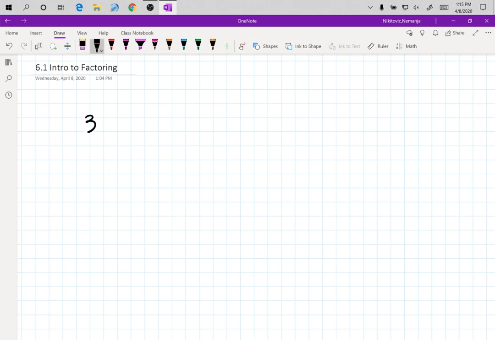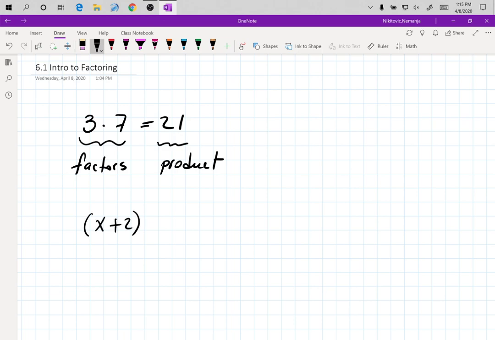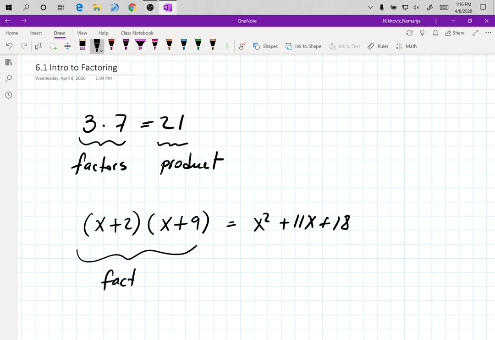So if I say 3 times 7 equals 21, these guys are factors, and this would be a product. Similarly, if I have x plus 2 times x plus 9, which equals x squared plus 11x plus 18, these guys are factors, and that's the product.